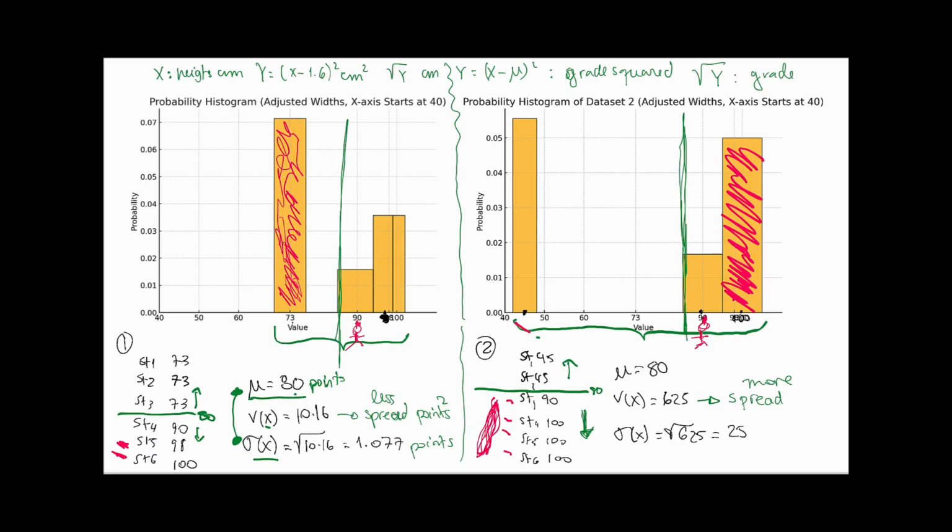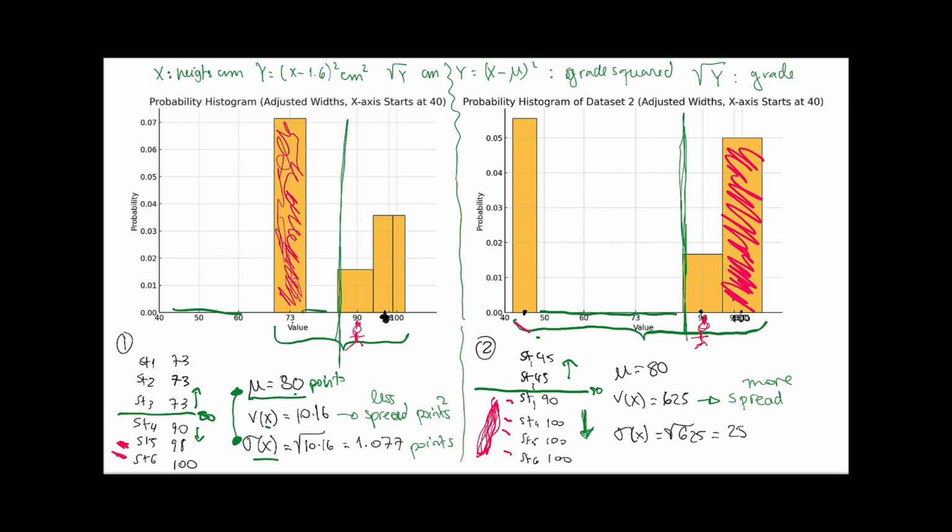Now I want to introduce you to something. These histograms have zero values here, spaces of zero values.